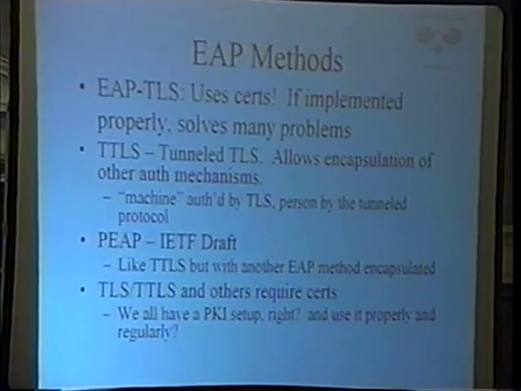All right, so different EAP methods. EAP-TLS. TLS is effectively SSL v3. It's just a fancy name and depends on whose side of the ballpark you're on. If you're with Microsoft or you're with VeriSign or whoever else, you'll call this different things. Effectively, it's SSL v3. It uses certs, and if implemented properly, it'll solve some problems that I'll get into later.